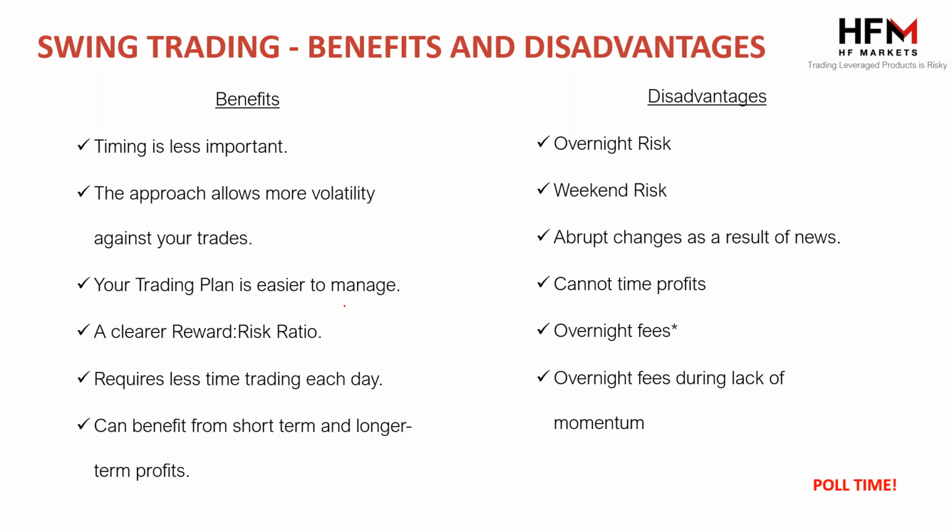So, of course, your trading plan is taking a lot more data and statistics into consideration. Whereas with swing trading, you may be opening 1 to 2 trades per week, maybe 3 to 4, maybe 5 trades per week. It depends on how many assets you are trading as well.